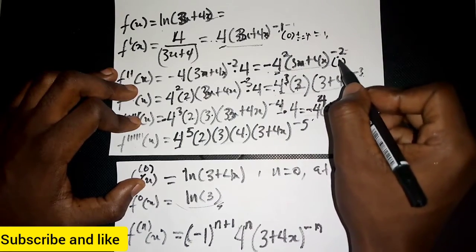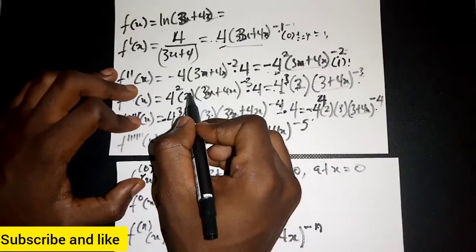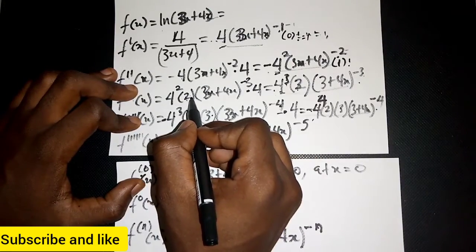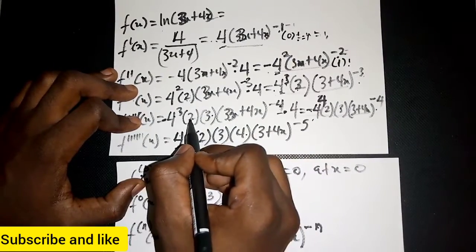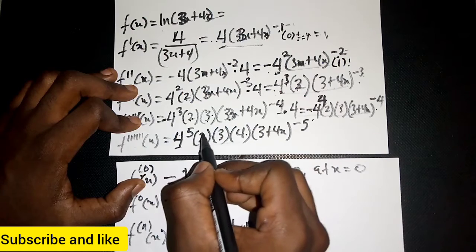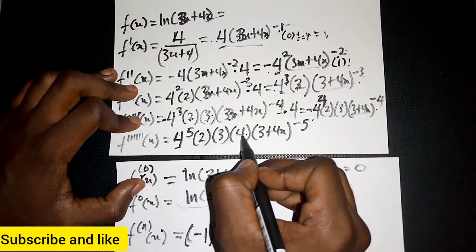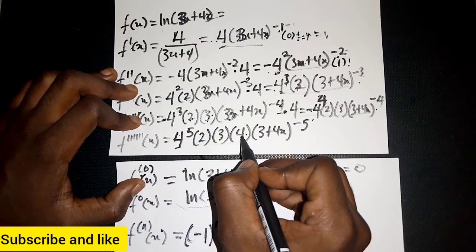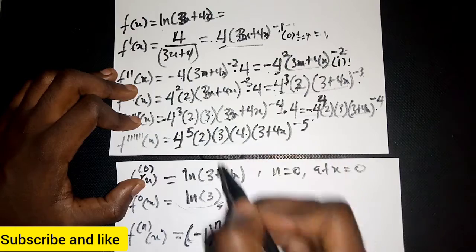Then over here, if it is 1 factorial, it's just 1. When it is 2 factorial, it is 1 multiplied by 2. 3 factorial is 1 multiplied by 2 multiplied by 3. Then over here is 4 factorial, that's 2 multiplied by 3 multiplied by 4, right?